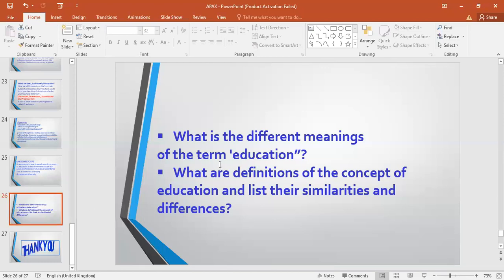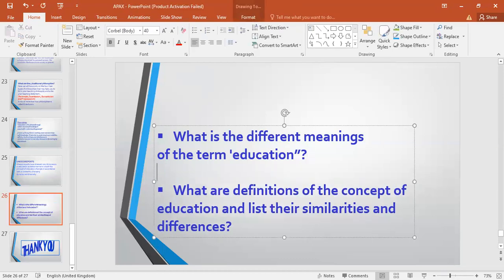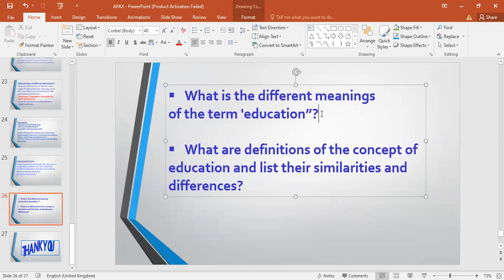Shall we write a question about what are the different meanings of the term education? Do you know what the term education is? Gain knowledge. Acquire knowledge in very short form. Acquire knowledge.